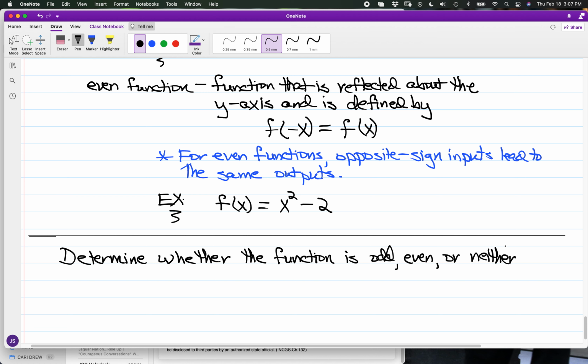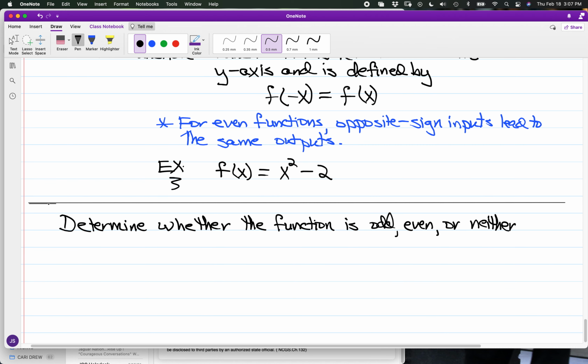Okay, and we'll kind of use some building blocks here. So in the first case, let's say we have just plain f of x is equal to x to the third.